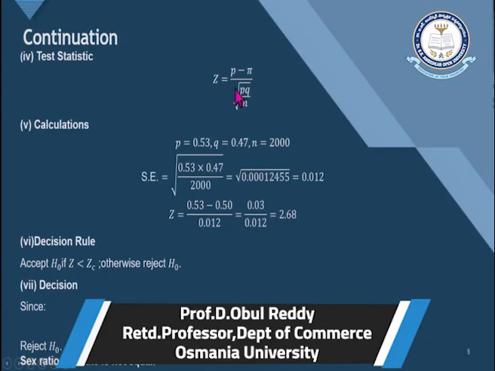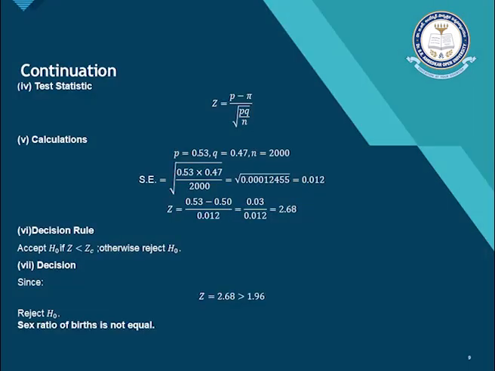The test statistic for proportion of successes is Z is equal to P minus pi divided by the standard error. The standard error formula is the square root of PQ by N, where P is the proportion, 1 minus P is Q, and N is the sample number. So, calculate the standard error.